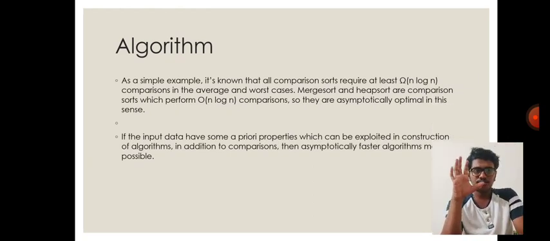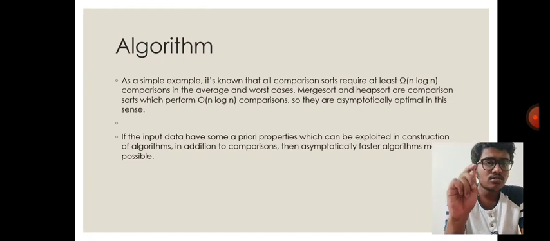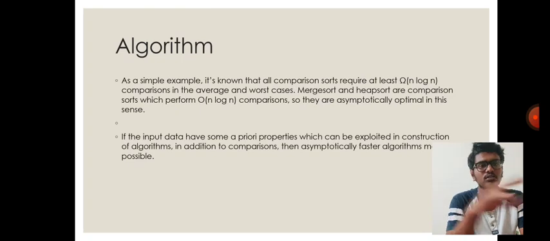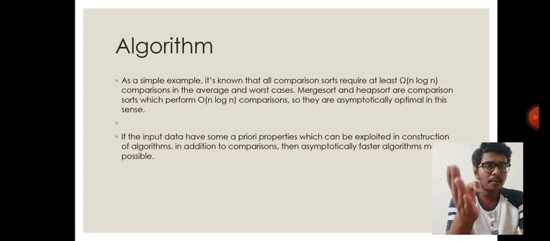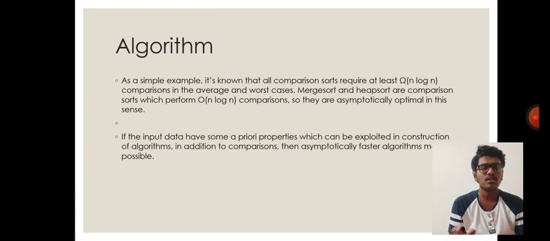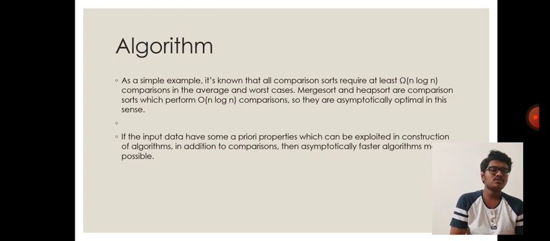Basically, all comparison sorts require at least omega n log n comparisons in the average and worst case, but merge sort and heap sort are comparison sorts which perform big O of n log n comparisons. So these are optimal in this sense.